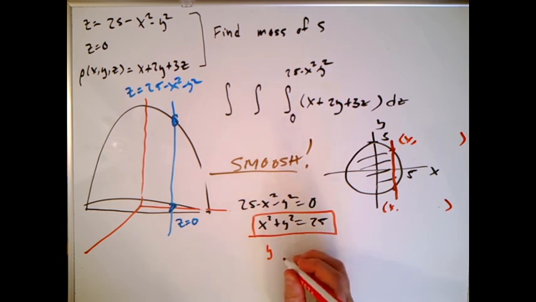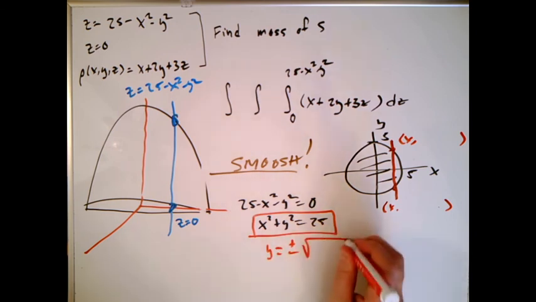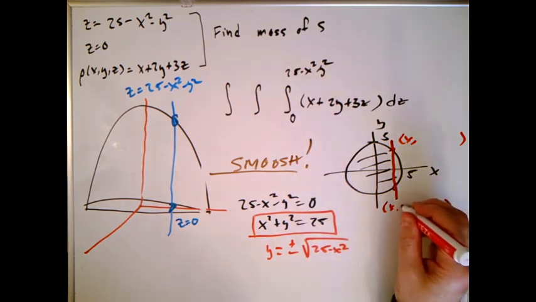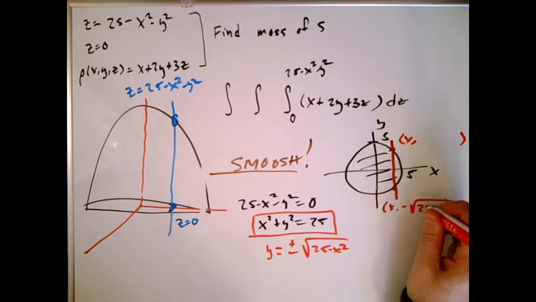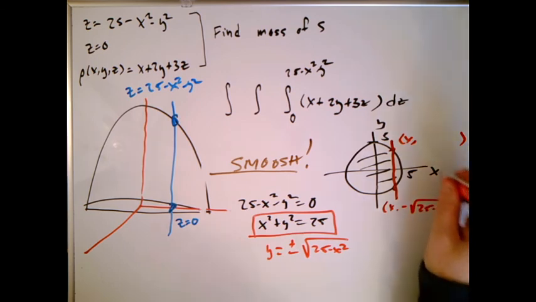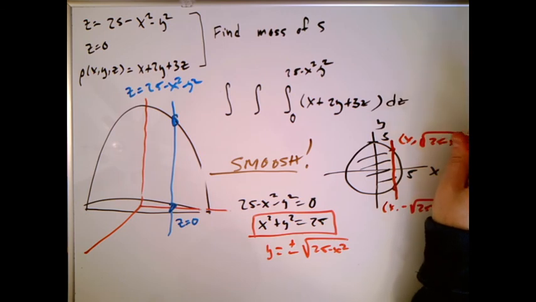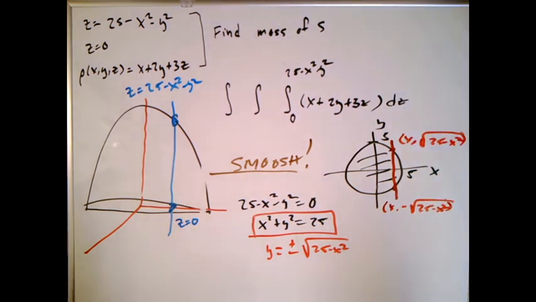So the y coordinate on the circle, because that's what I'm looking for here, is plus or minus the square root of 25 minus x squared. That makes this one down here minus the square root of 25 minus x squared, and up here the positive square root of 25 minus x squared. Remember, those give us the limits of integration for y.